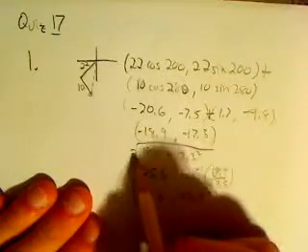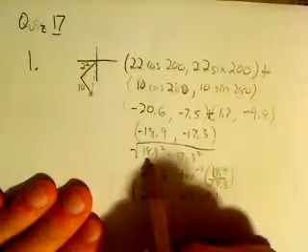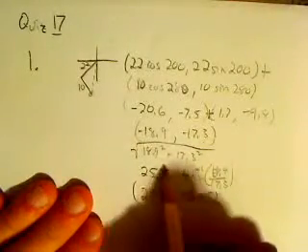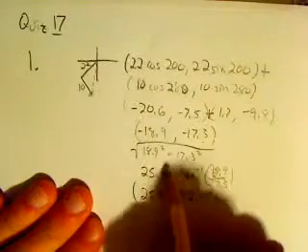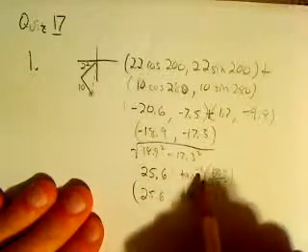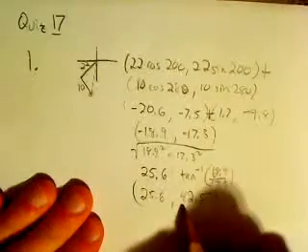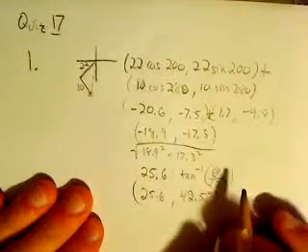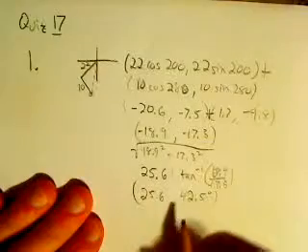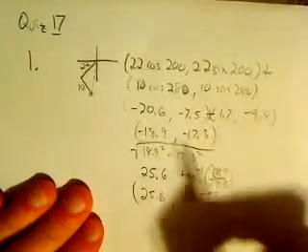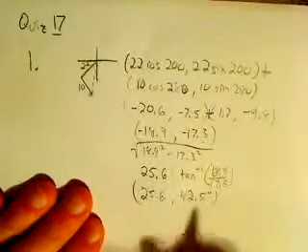Using the Pythagorean theorem here, we can find the final position is going to be at 25.6, and by taking the inverse tan of x over y, we can get the angle. It will be 25.6 meters at 42.5 degrees. That's going to be number 2.